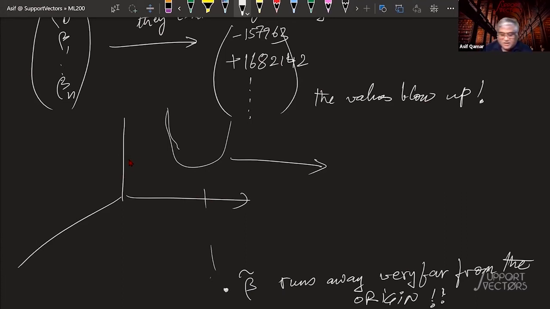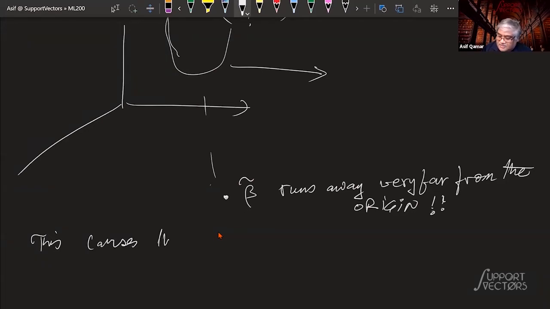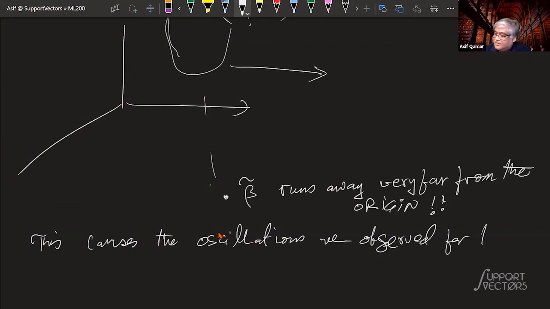And this causes the oscillations we observed for large n. Overfitting is there, high variance are the terms.